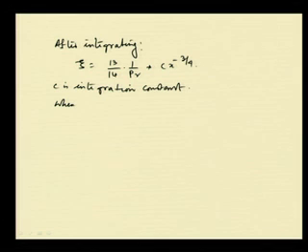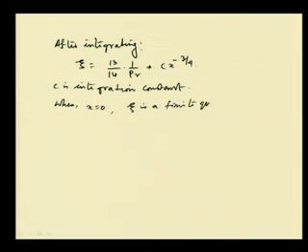Now, the question is that zeta is finite at x equal to 0. When x equal to 0, zeta is a finite quantity, and if this is to happen, then c has to be 0, because if we put x equal to 0, it is 1 by x to the power 3 by 4, and then zeta becomes undefined, but this is not the case.